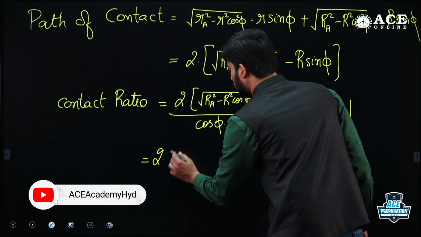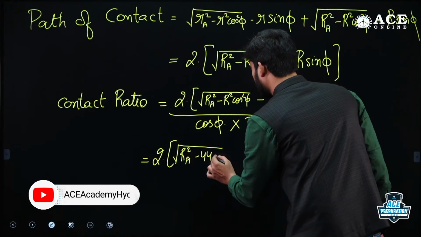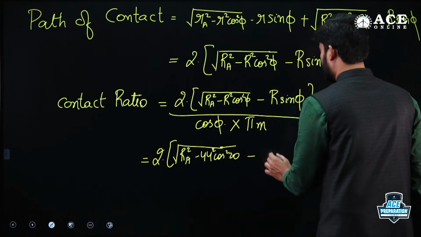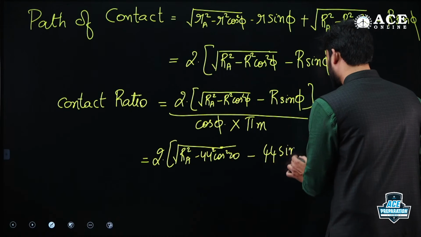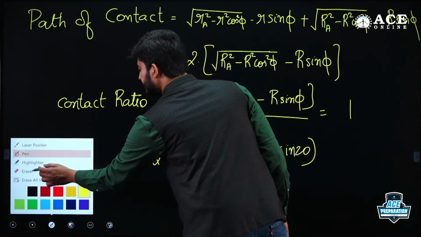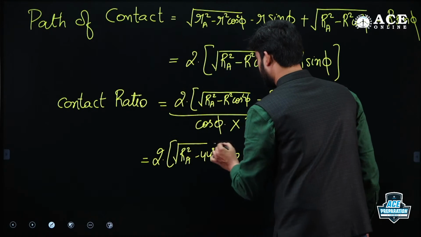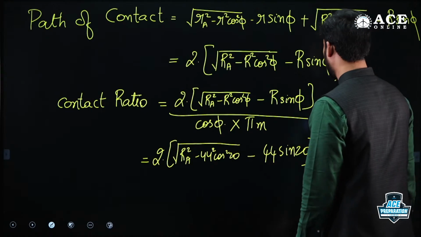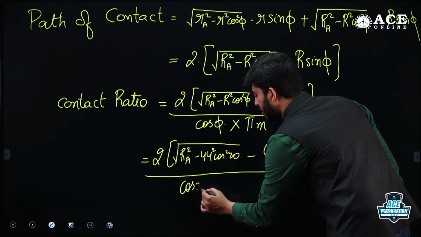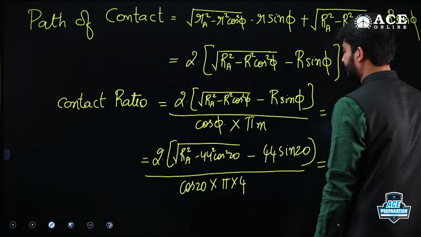Yes guys, 2 into sqrt(R_A² − 44² cos² 20) minus 44 sin 20, divided by cos 20 into pi times 4, is equal to 1.